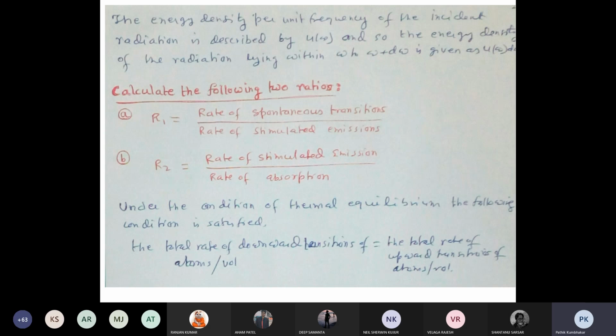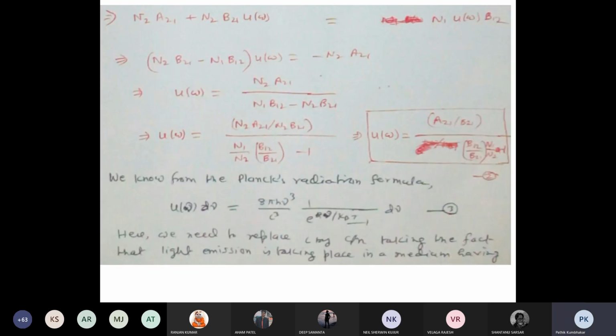So that's the essential requirement. In the case of spontaneous emission, there is a downward transition of the atom. In the case of stimulated emission, there is also a downward transition of the atom.